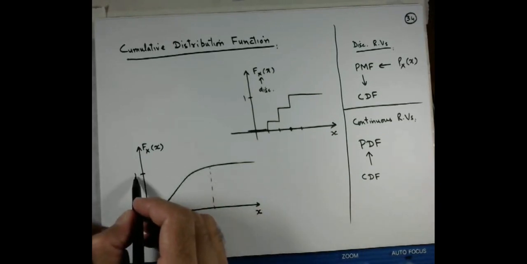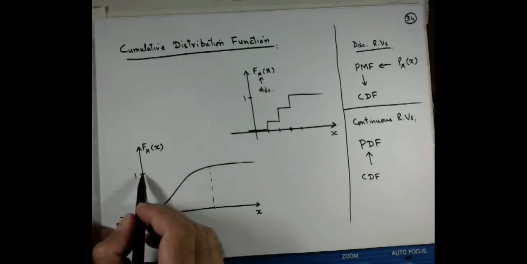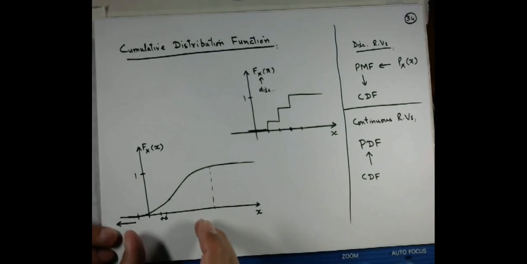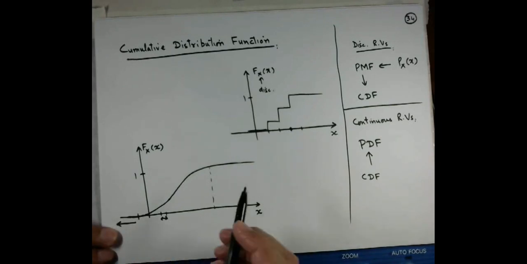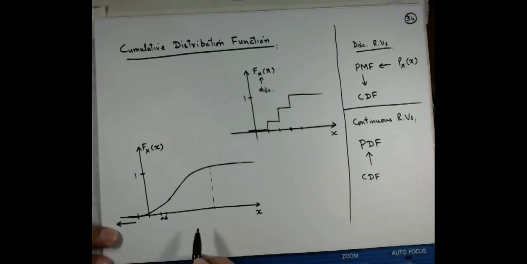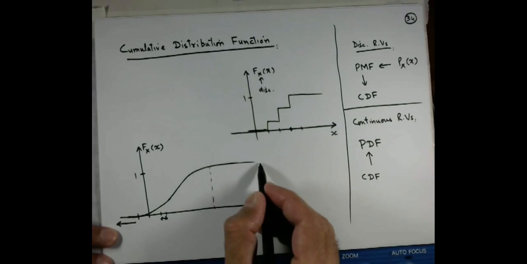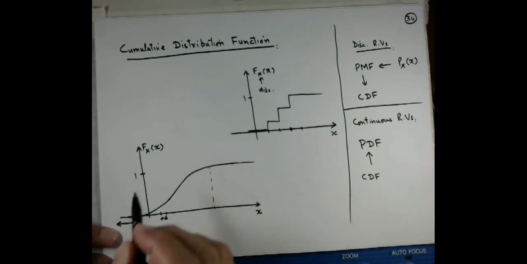This height is nothing but probability. So it will reach the probability 1, which means you have added up the probabilities of all the possibilities of the random variable x. And since beyond that there is no meaningful interval with a non-zero probability, till infinity you will be simply adding up 0, so it will stay as 1.